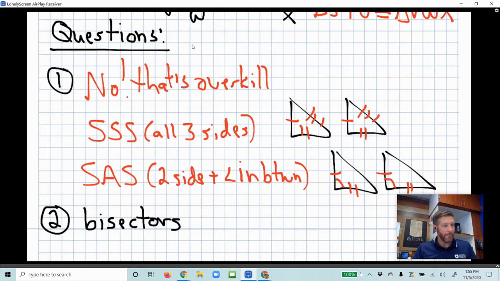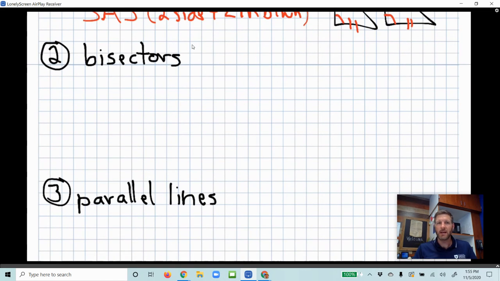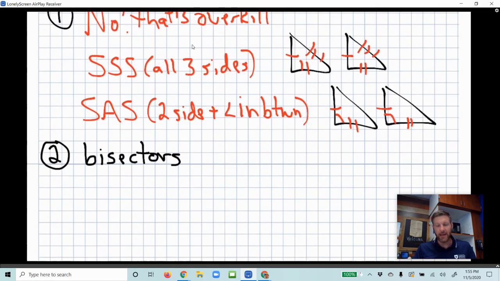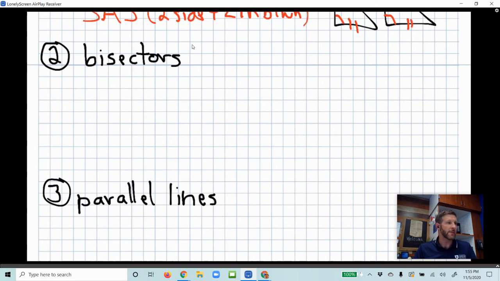Okay. And the next couple of questions have to do with what I talked about the other day in class, where there's gimmies. That's where a proof would just tell you, hey, these sides are congruent, or hey, these angles are congruent. You'll sometimes get gimmies in proofs. Other times you're going to get clues. And so the next two questions are about clues. The first one is, why are bisectors useful in proving triangles congruent?